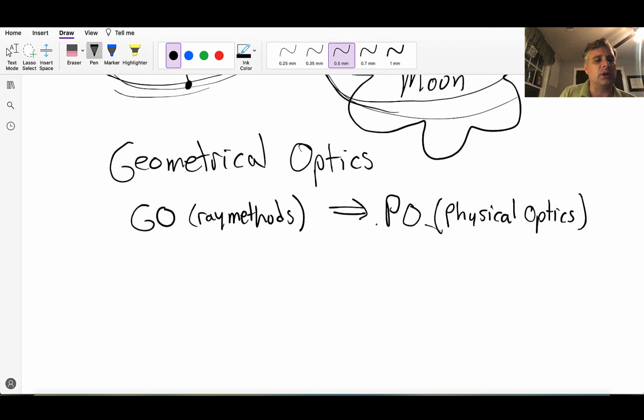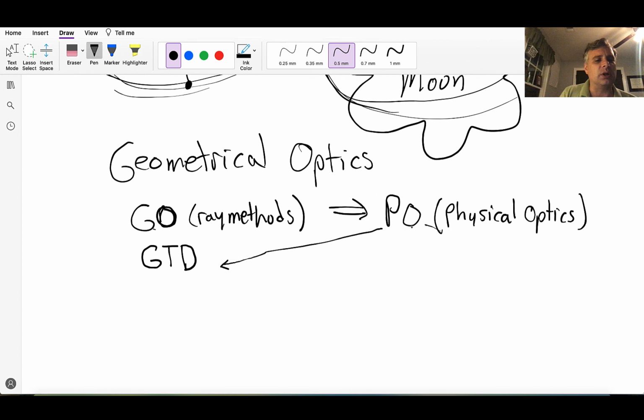Now, we're going to do things in a particular order because it turns out that when geometrical optics degrades, you can correct some of the behavior, particularly at sharp interfaces, using something called the geometrical theory of diffraction. And we'll actually use a physical optics result to illustrate how we get one of those geometrical theory of diffraction correction factors.